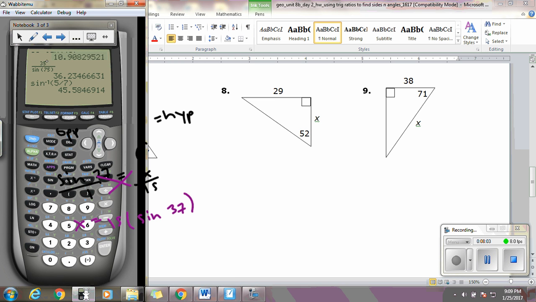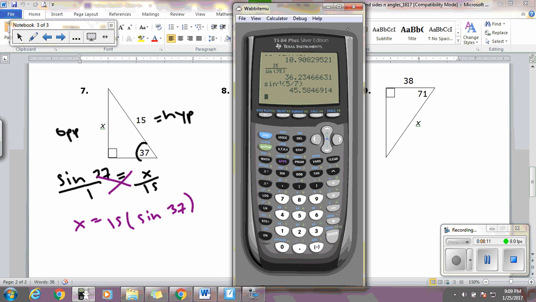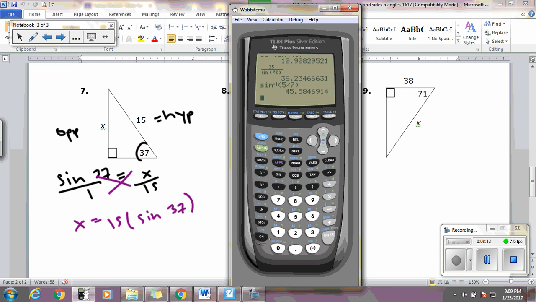I don't want to tell you shortcuts just yet because some people get a little too anxious and forget why we do what we do. So 15 times sine of 37. It's about 9.0.